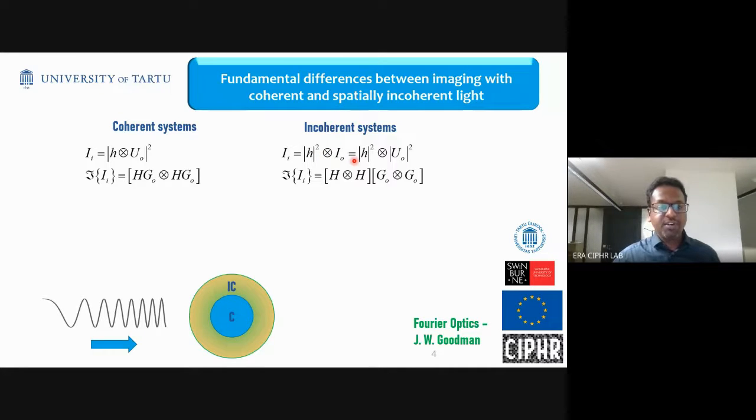And if we take the Fourier transform on both sides of the two equations, convolution becomes product and product becomes convolution. So the small h becomes capital H, which is the modulation transfer function I was talking about. This capital G is the Fourier transform of the object. But in the case of an incoherent imaging system, what we have here is capital H convolved with capital H.